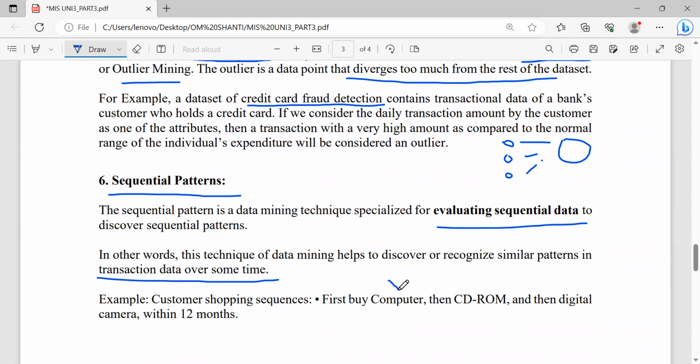Customer पहले पिछले 12 मंथ का हमने किसी ऑर्गेनाइजेशन से निकाला. सिस्टम ने क्या, कंप्यूटर पर्सन ने क्या किया, कस्टमर ने पहले वो कंप्यूटर खरीदता है, then he will buy the सीडी रोम और उसके बाद वो डिजिटल कैमरा खरीदता है. So this is the sequence, this is a pattern that is followed by some customer over the last 12 months. So this will be helpful for increasing any business.